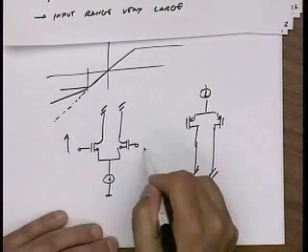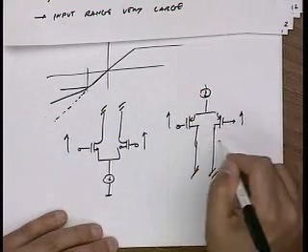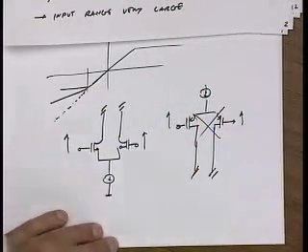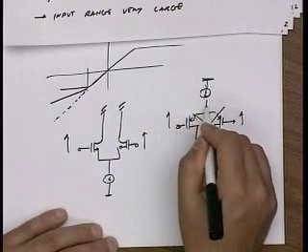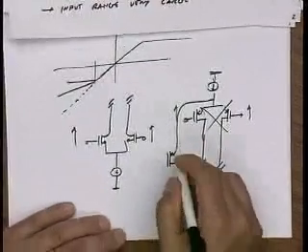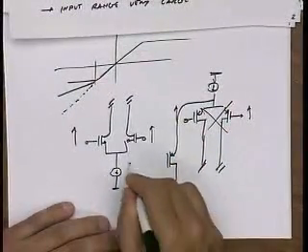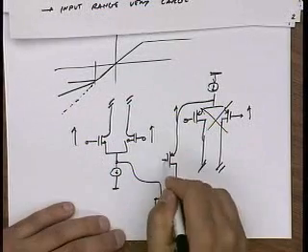So if the input common range is very high, these transistors turn off, and so I can steal the current of this guy, mirror it and add it over here.